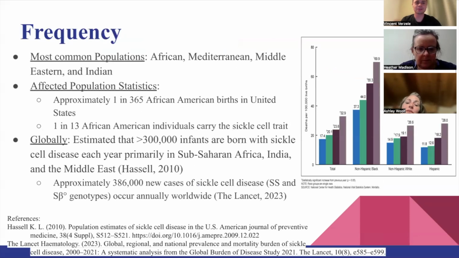So the frequency is that the most common populations studied have been of African, Mediterranean, Middle Eastern, and Indian descent. Of course, it can affect everybody, but these are generally the populations found to be most prevalent.